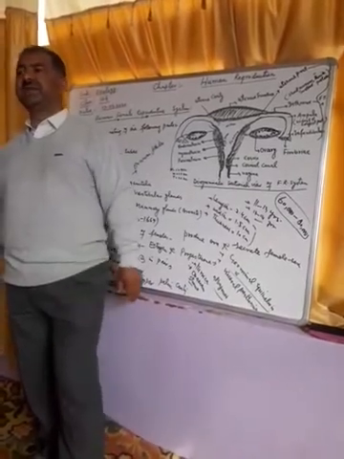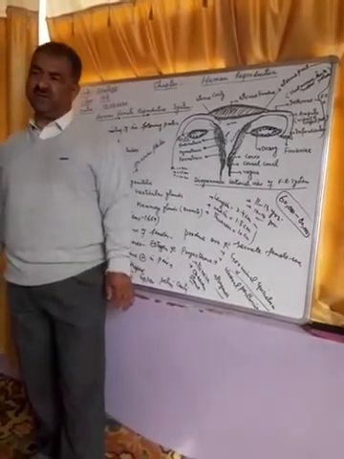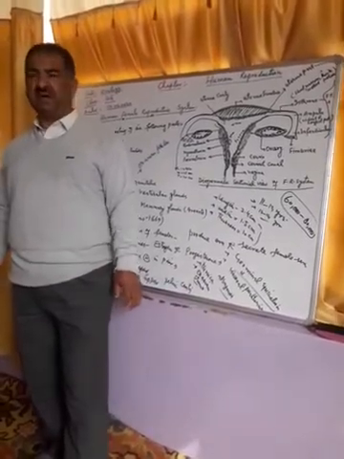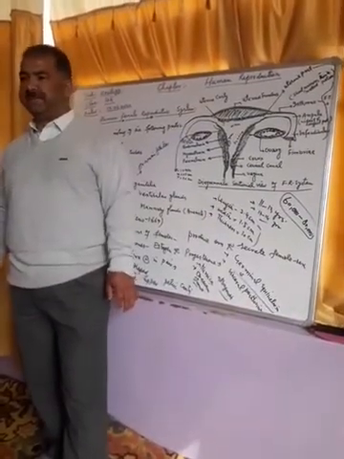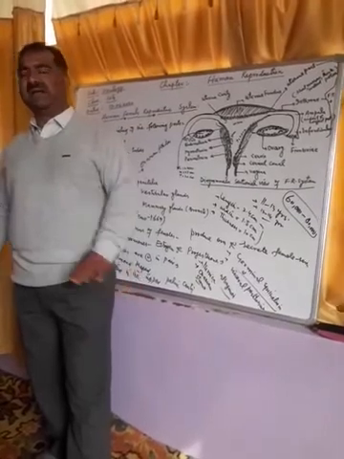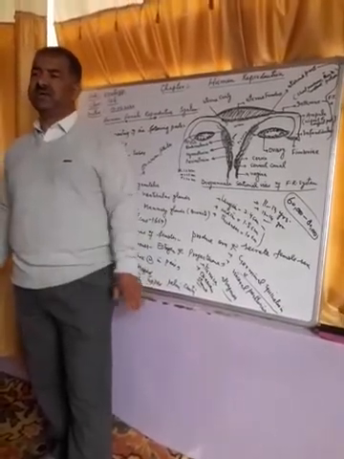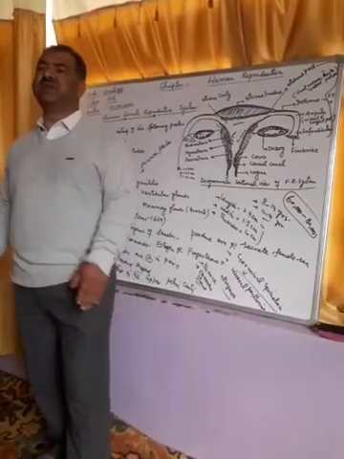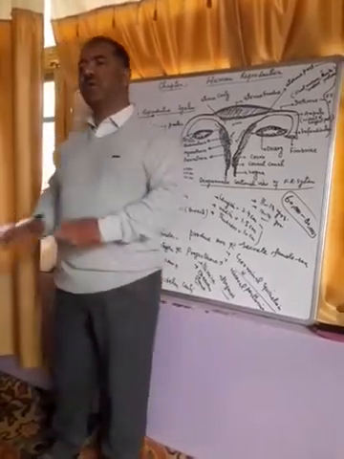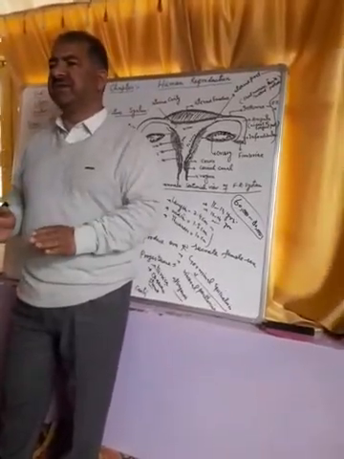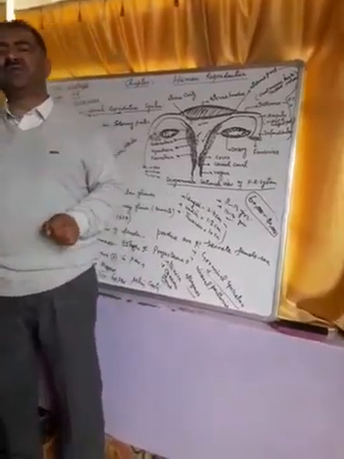The release of the secondary oocyte from the ovary is called ovulation, and it occurs almost on the 14th day of the menstrual cycle. About 400 to 450 ova are produced by a human female during her whole reproductive life, that is, till menopause, around 45 to 55 years.